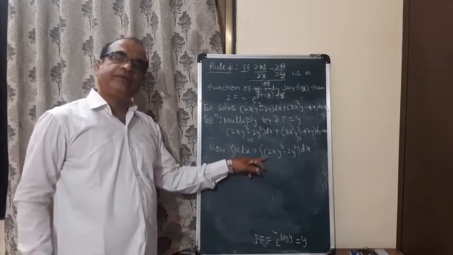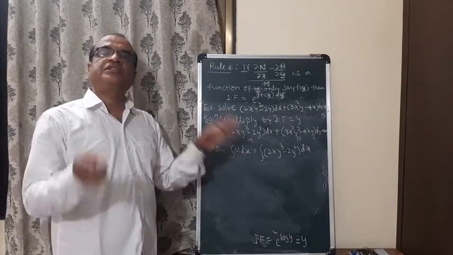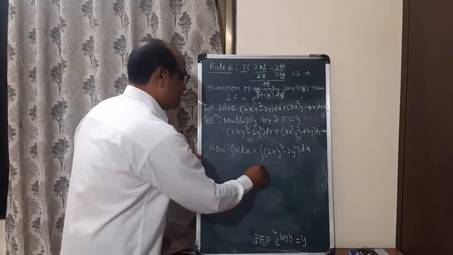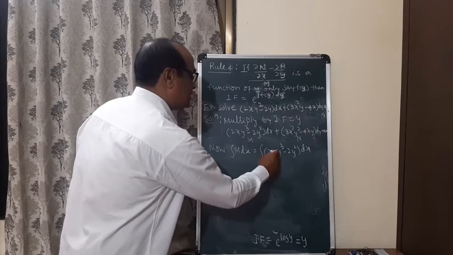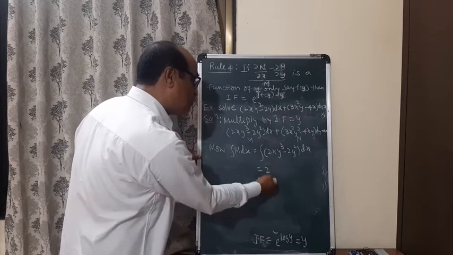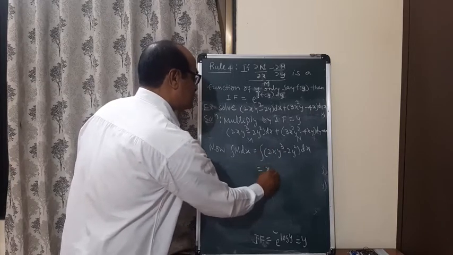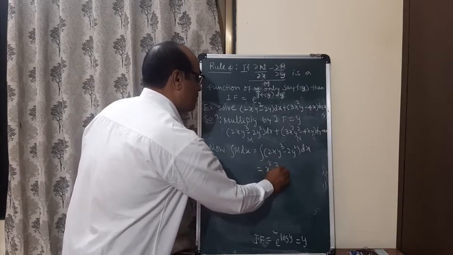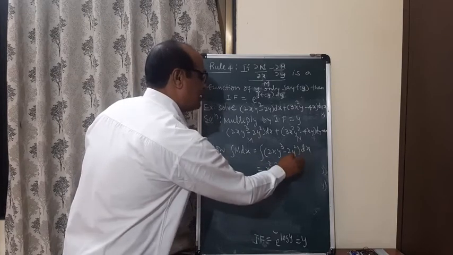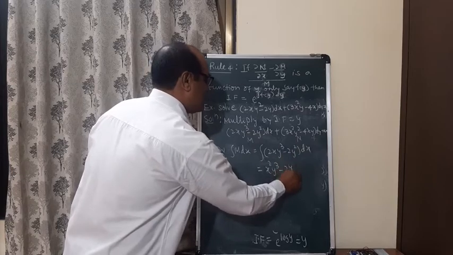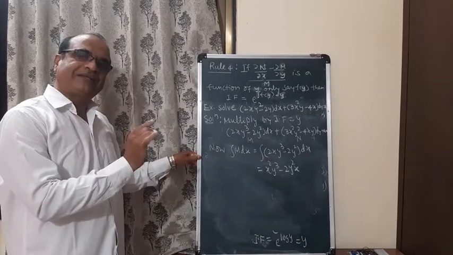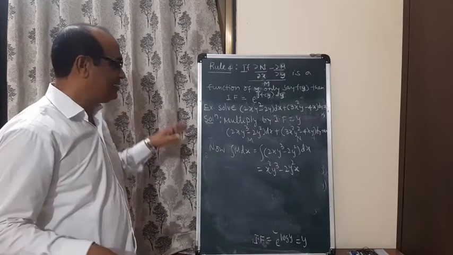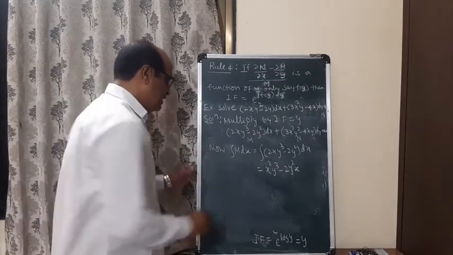So this is the partial integration with respect to x. So what is the integration of this? That is 2, and the integration of x is x² upon 2, so the 2 cancels. So x²y³ minus 2y² x, since 2y² is constant and the integration of dx is x.